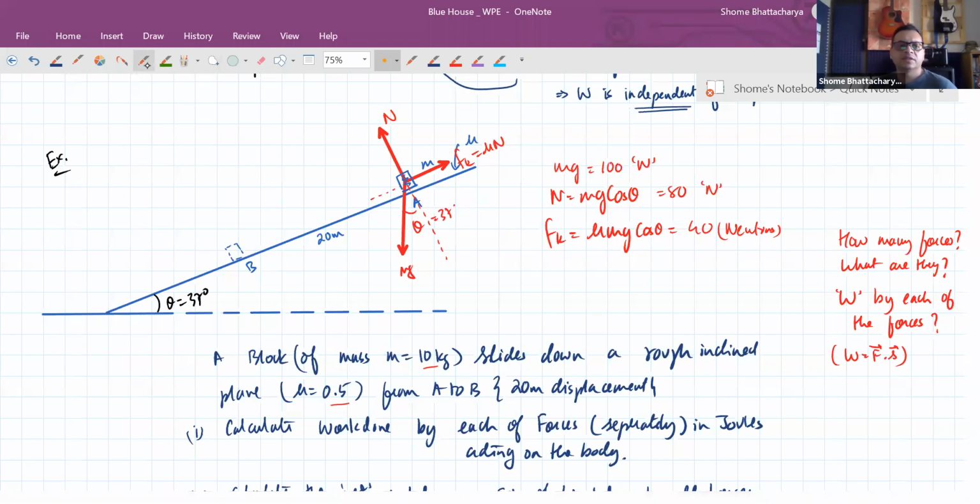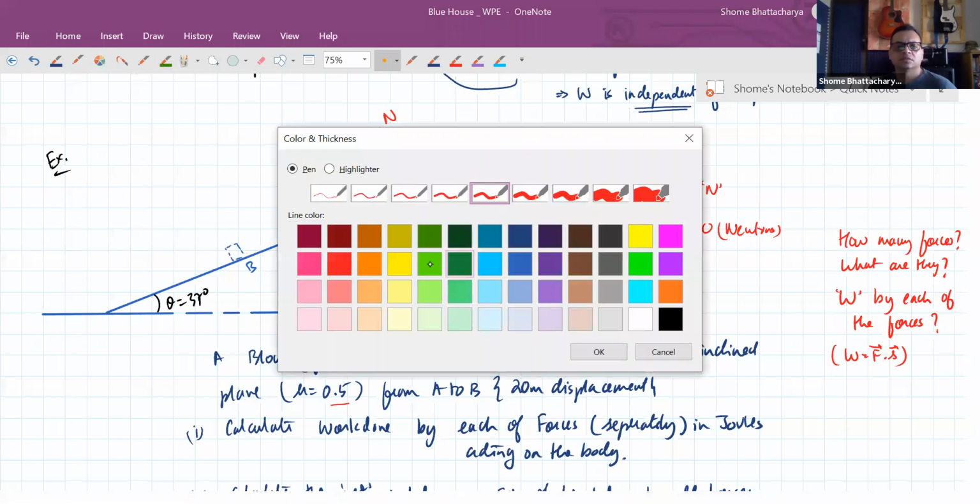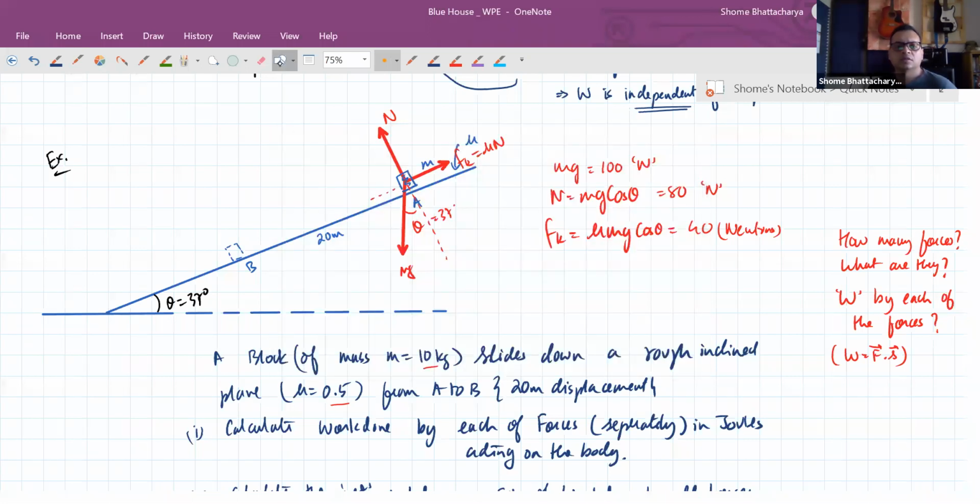Now the displacement vector that you can see here is very simple. It is along the inclined plane, and its magnitude is 20 meters. So most importantly, this angle is 90, this angle is 90, and this angle is 53 degrees. You just have to apply this in the definition now.